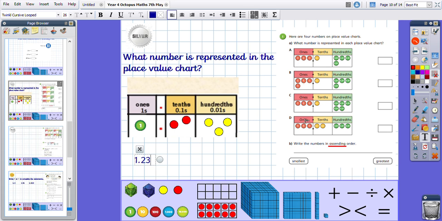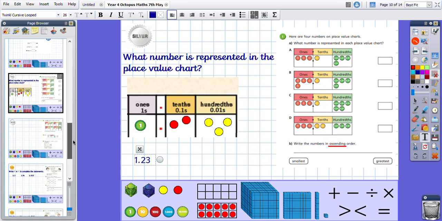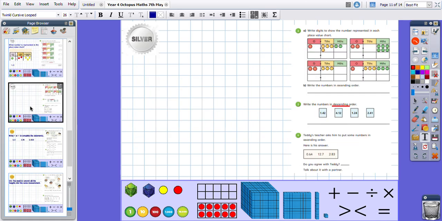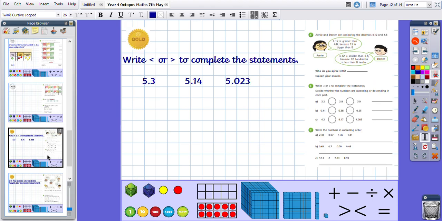So you have 4 numbers to identify here, and at the bottom it says write the numbers in ascending order. So be really careful when reading the questions today, looking at what order we need to be writing our decimal numbers in. For questions 2, 3 and 4, again we have words such as descending, so read the questions carefully when you are trying some varied fluency questions today.